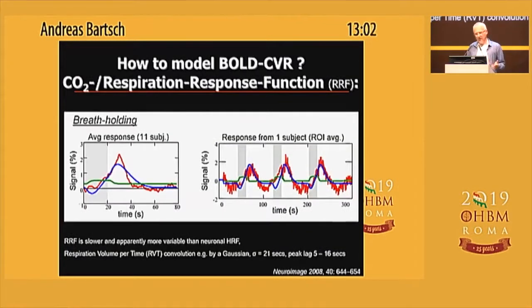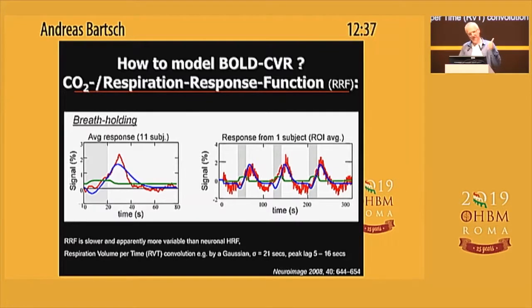Then how do we model what we expect if we do a model-driven analysis? You can convolve your recordings from the respiration with a respiratory response function. A respiratory response function has been established by Rasmus Birn with very comprehensive and nice work, and it shows two things.